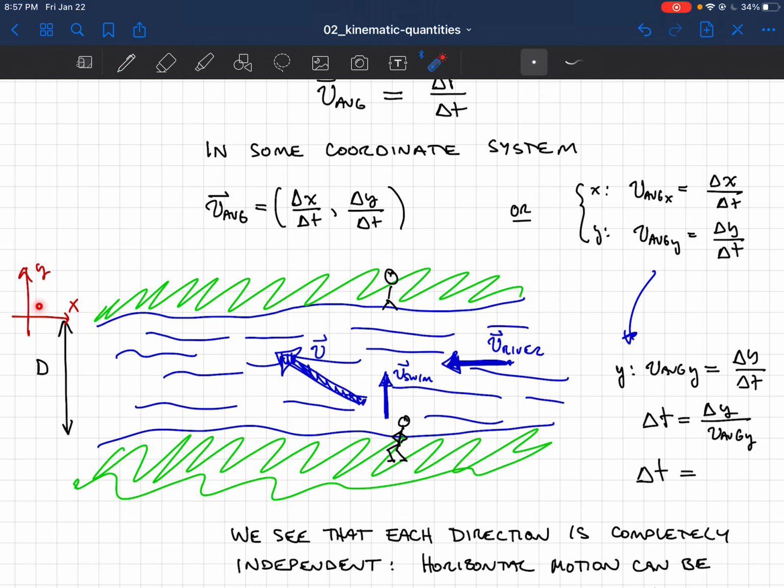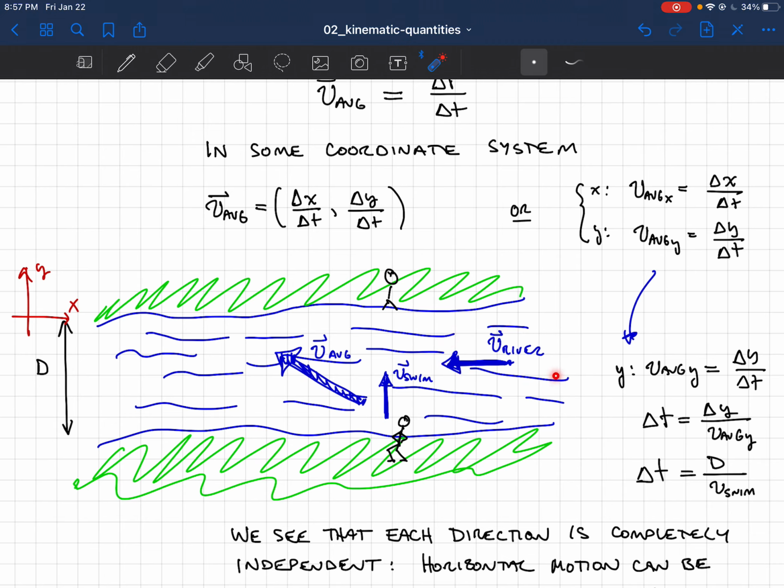The difference along the y-axis of your position, that's just d. And the v average y, well, that's the y component of our v average vector. Well, that's just v swim. So it's just the speed with which you can swim as you're pointing yourself directly across.